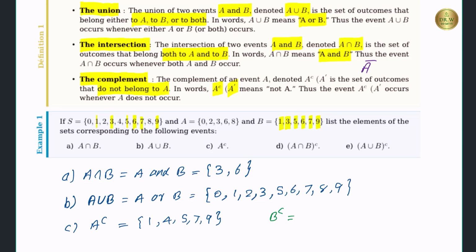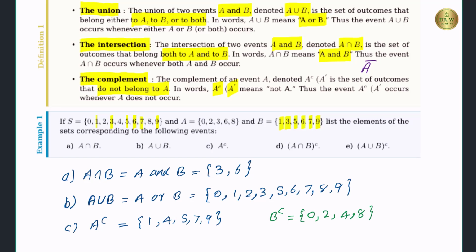B complement is all the elements not in B. Then we see 0 is not in B, and 2, 4, 8 are not in B. These are the elements that are not in B but in S. So that is the B complement.